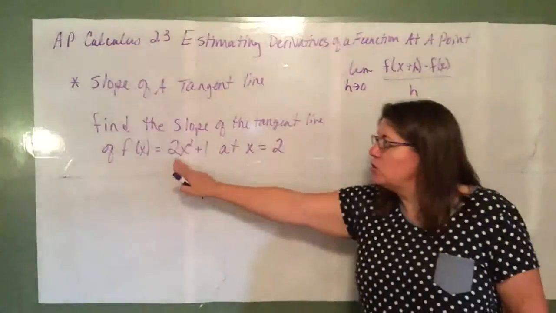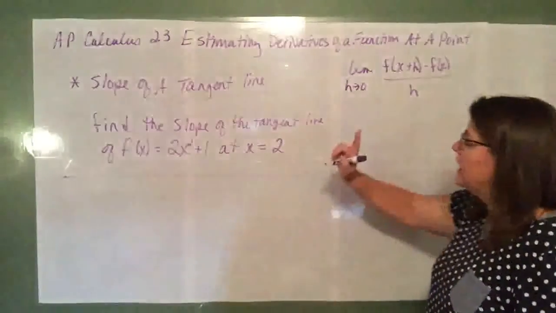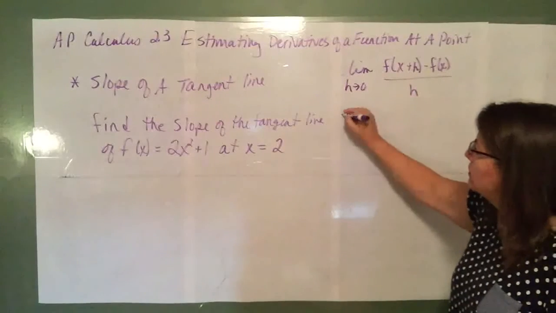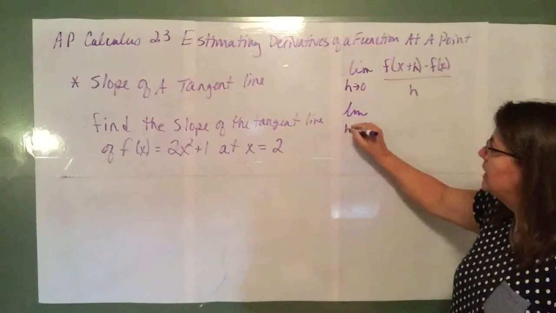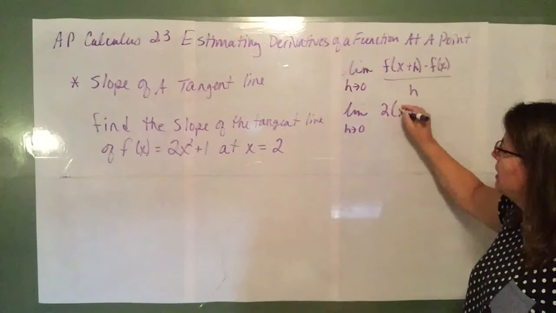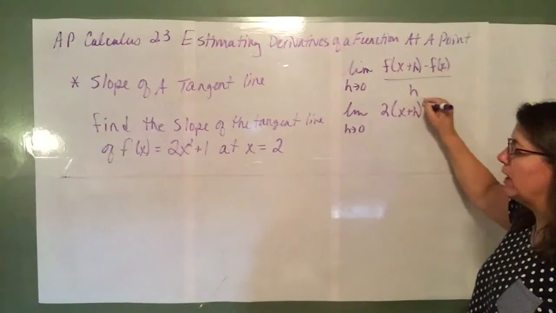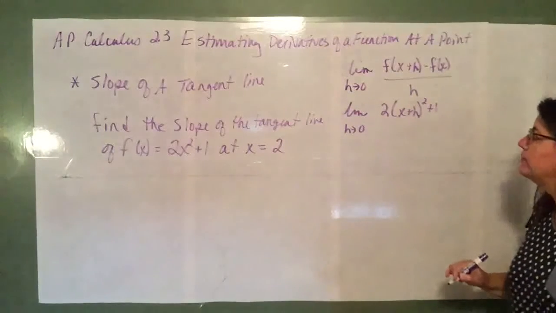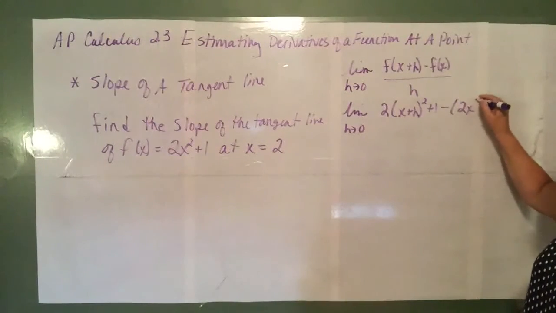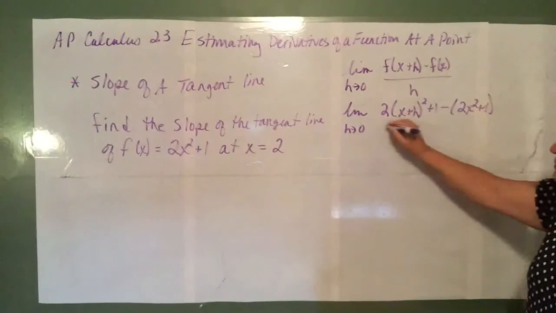This is 2x squared plus 1. So in for every x there, I'm going to plug in x plus h. So I've got the limit as h approaches 0 of 2 times x plus h squared plus 1. And then I'm going to subtract from that the f of x function, 2x squared plus 1.